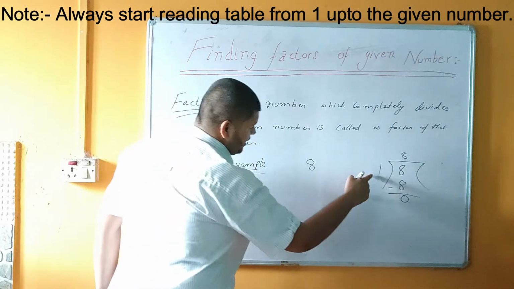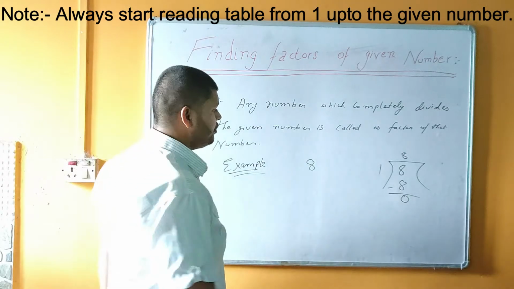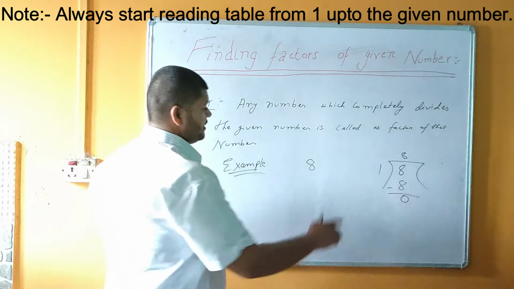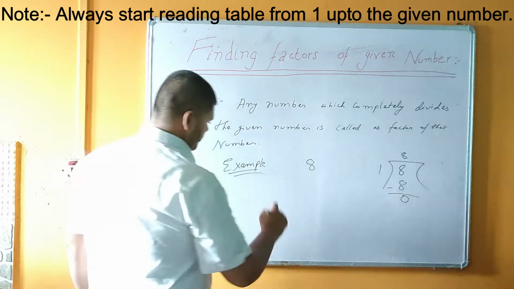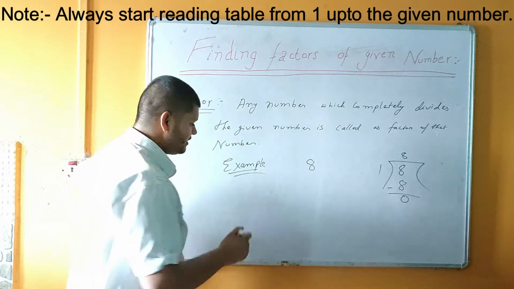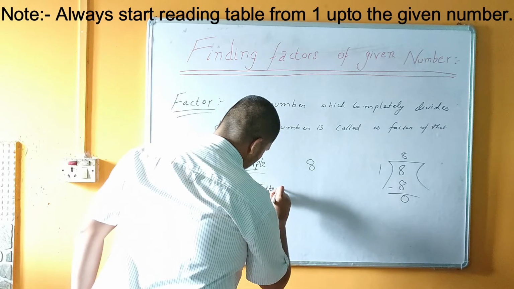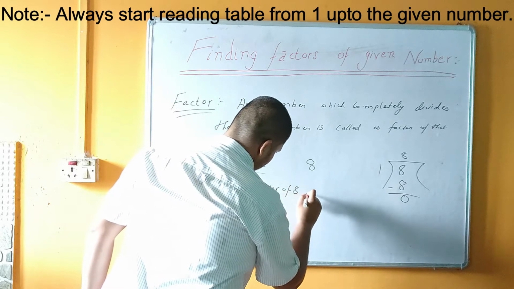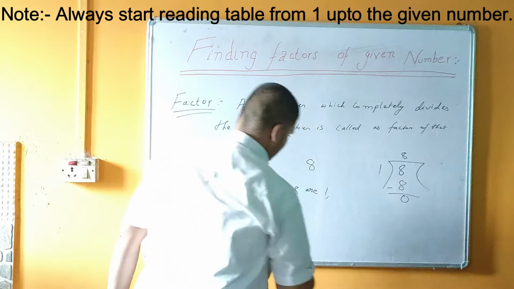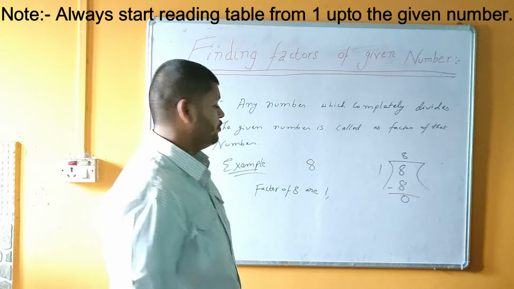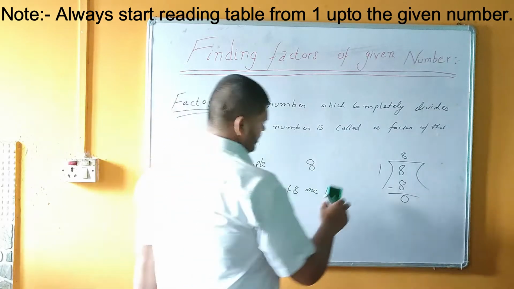If any number is dividing this 8 and leaving remainder 0, then we can conclude that this number 1 is the factor of 8. So one factor we have already got, that is factors of 8 are 1, comma. Now we will see from 2 whether in the table of 2 this 8 is occurring or not.